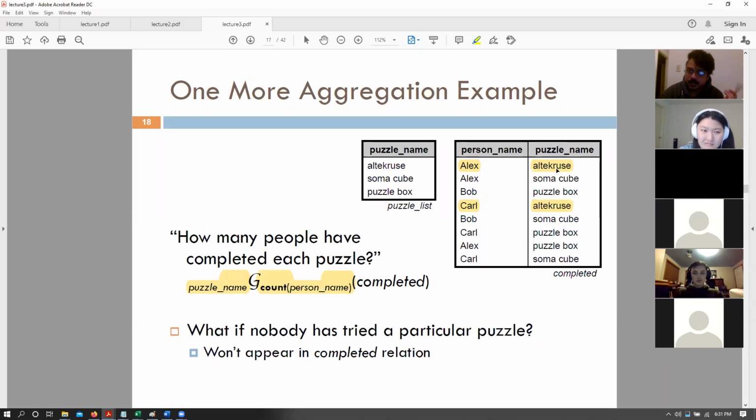Because Altecruise does not exist in completed at all, we have no idea what Altecruise is, because the puzzle list is not part of our operation. We don't know that Altecruise is something we need to care about. So Altecruise will not exist in our relation. If nobody has tried a particular puzzle, that puzzle will not appear in your relation, right?